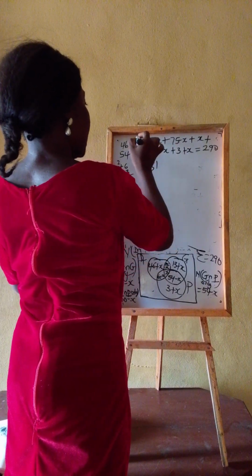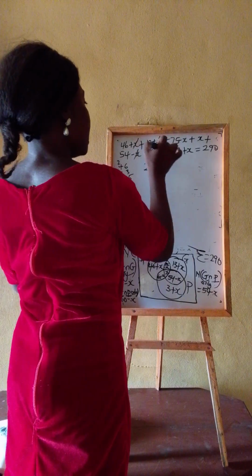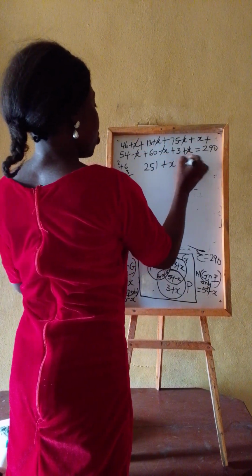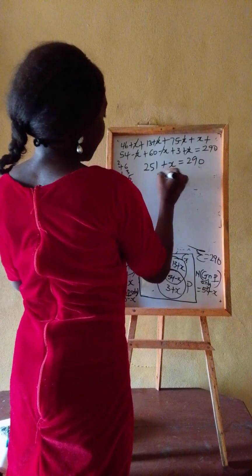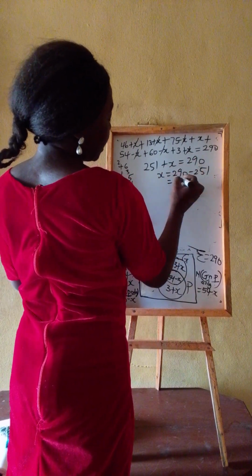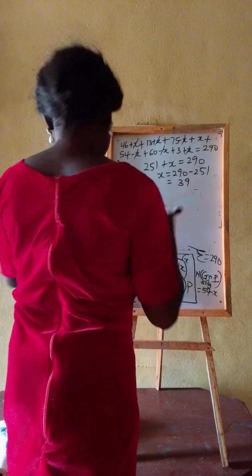So from here, this cancels this, this cancels this, this cancels this, plus x equals 290. x equals 290 minus 251, and the answer is 39.